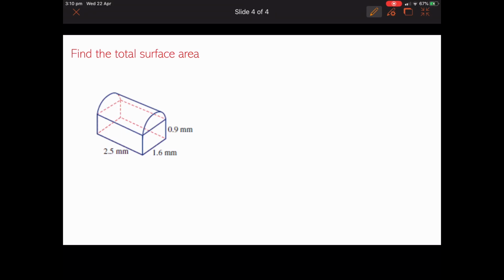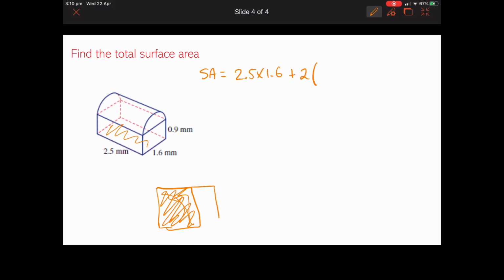And I'm going to draw a net of the bottom, or of that bottom rectangular prism. So the surface area is going to be equal to, firstly we've got this bit here, so 2.5 times 1.6, and I don't need to add the top bit of that because, as I said, it's covered by that half cylindrical shape. But then I do need to add on two side bits, so here and here.